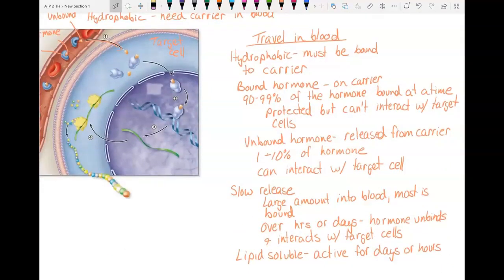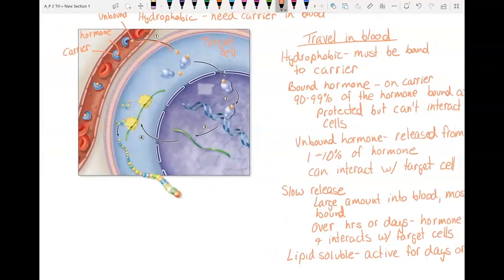Then let's look at how this hormone interacts with the cell. So remember from back in chapter 4, your cell membrane is lipid. It's all those phospholipids. This hormone is lipid soluble. So you can see here, it passes through the cell membrane, and here is its receptor inside the cell.